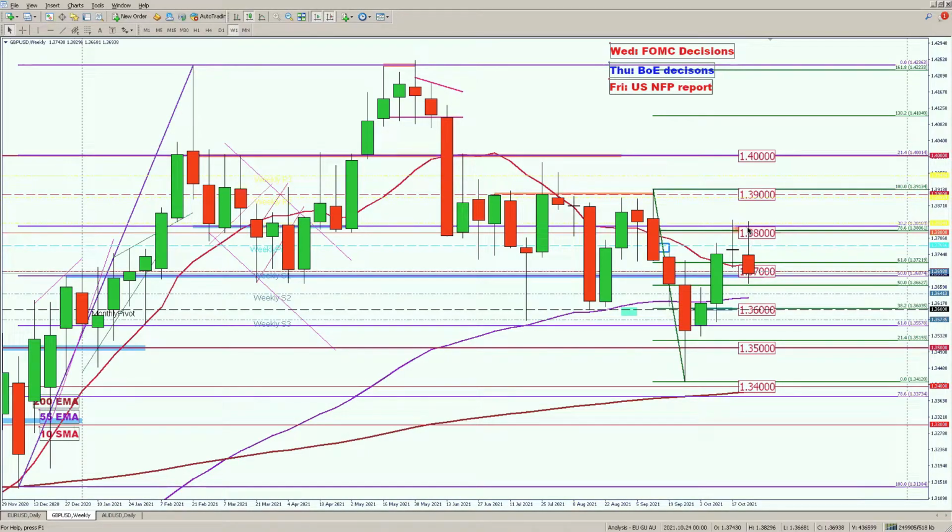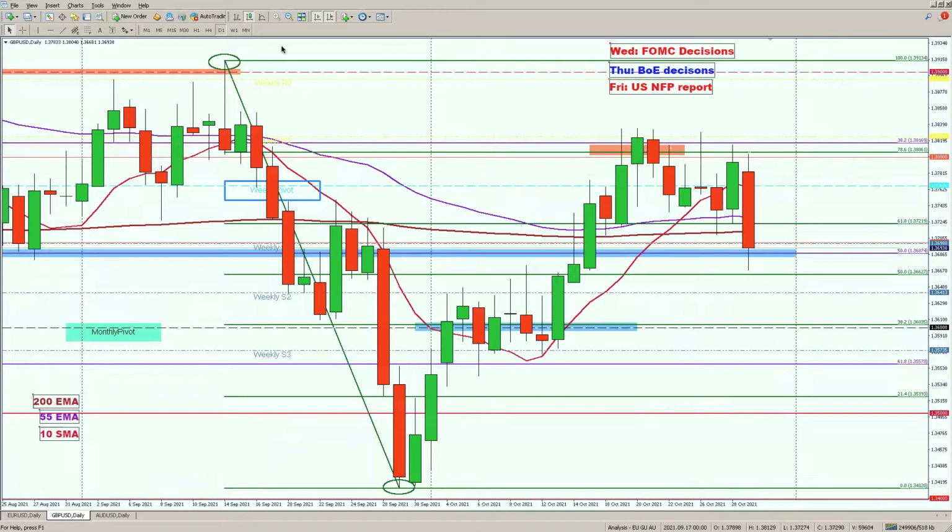So it did try to retest the highs, but failed and was rejected. So there could be a follow through back down to, as I mentioned last week, perhaps a 136 at most, but could be just down to the weekly 55 EMA.